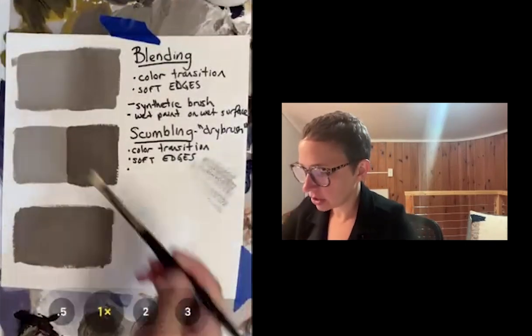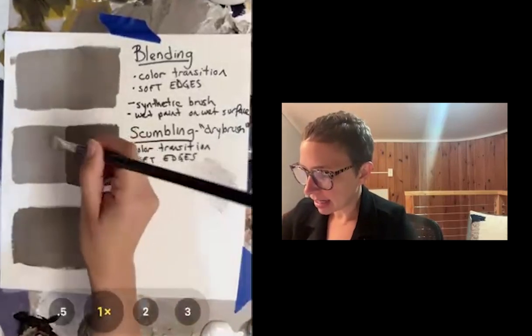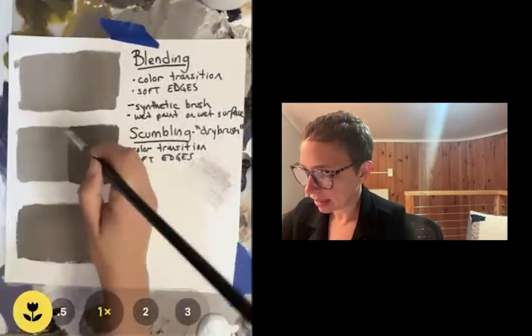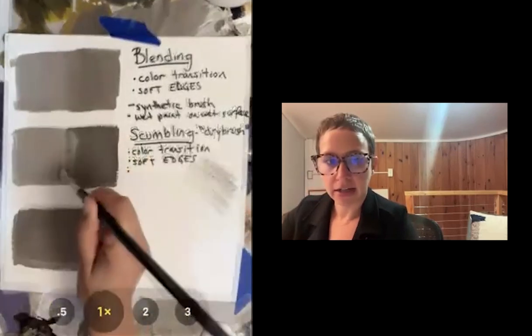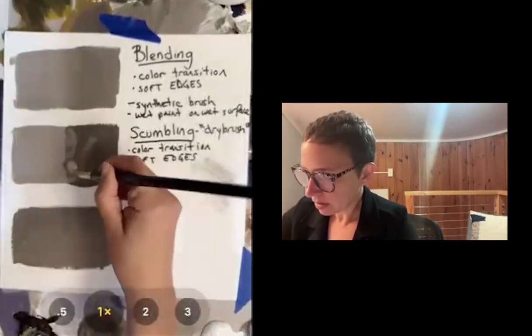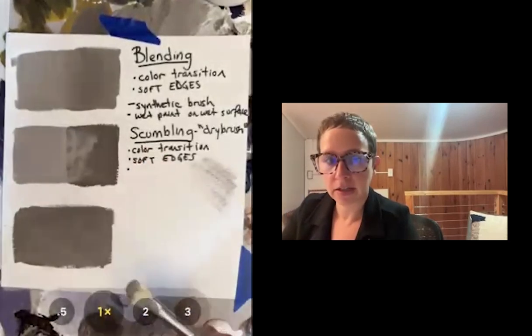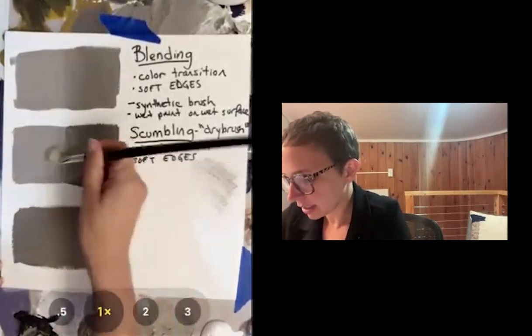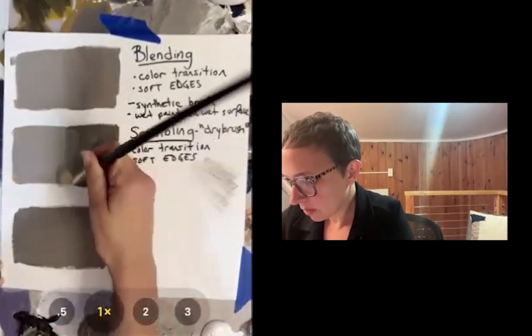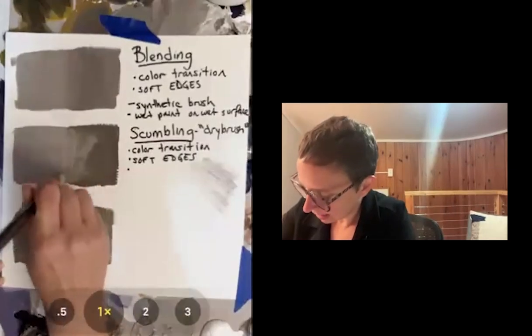And since I have the light value, I'm going to start on my light side and start dragging the paint over the dark side. I'm going to kind of scrub it. But that's not a nice transition. We don't want to see this line anymore. So I'm going to do it a lot more over here until I get that line covered.